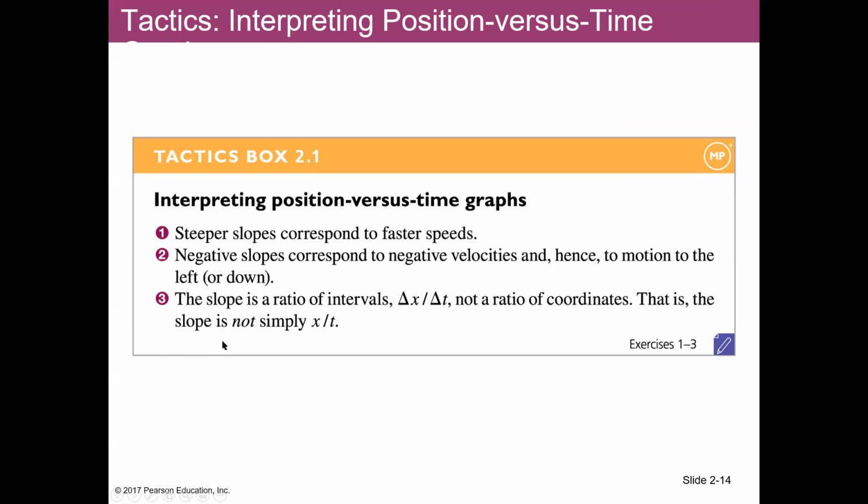The slope is a ratio of intervals, not necessarily values of position versus time. That's making the mistake of just using the origin, right? And that's the remark that they make at the second line of point 3.